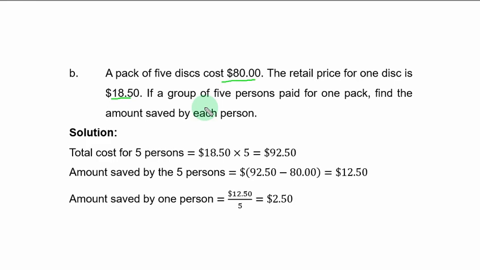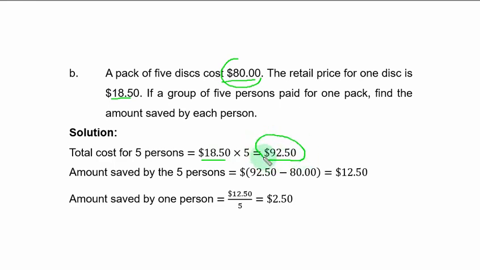If the 5 persons buy one pack together, each paying part, what they contribute to buy one pack containing 5 discs is $80. But if they decide to buy separately, the cost of one is $18.50.